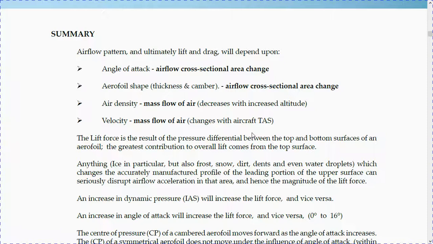Airfoil shape, thickness and camber also change the airflow cross-sectional area. If the angle of attack increases, or if the thickness or camber of the wing is bigger, there will be less space. The cross-sectional area will be smaller and air will accelerate. Air density, the mass flow of air, and the velocity as well.